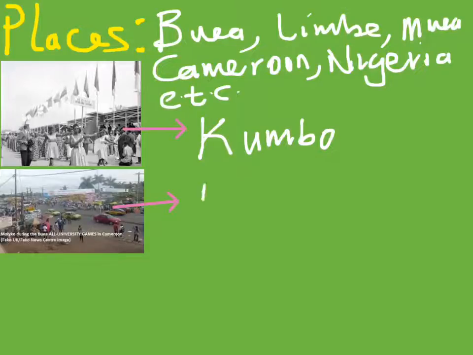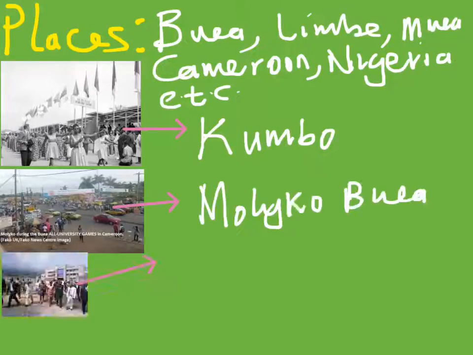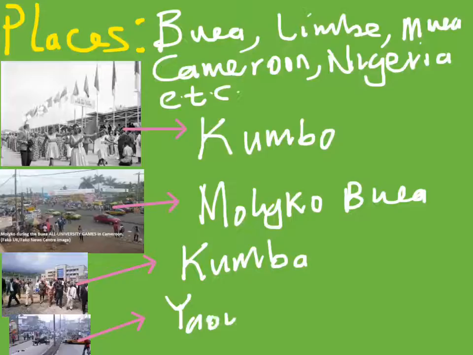Maybe this is Moliko in Buea. So it is a noun because it names a place. We can also have maybe Kumba. It is a name of a place, so they are called nouns. This one is Yaoundé. It's the name of a town. So it is a noun.